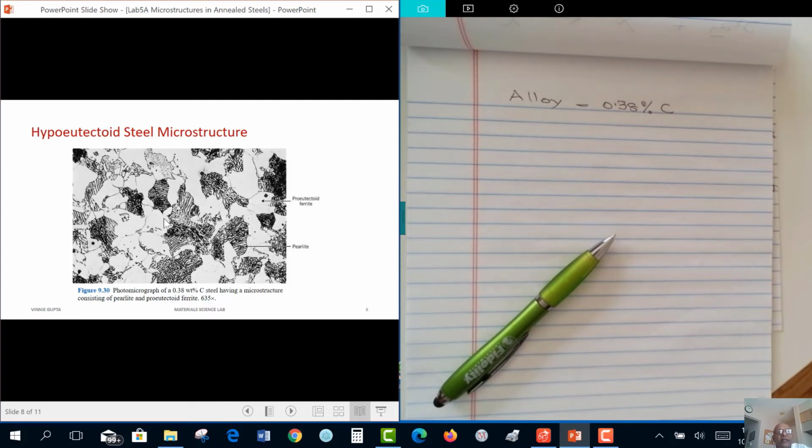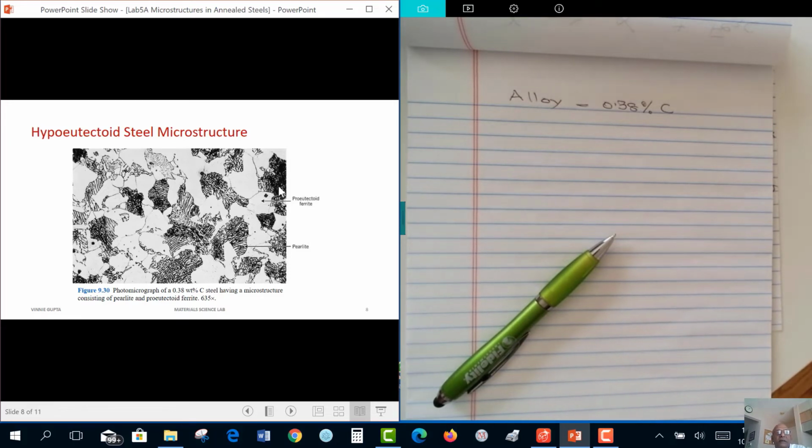So here again, you can see we have these white areas, these white blobs. These are called pro-eutectoid ferrite. And then we have these dark regions, and you can see somewhere these alternating layers are resolved. In some places, they are not resolved. So it depends just on the thickness of those layers.